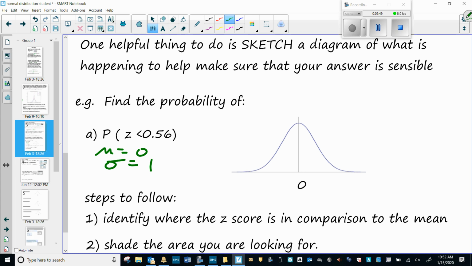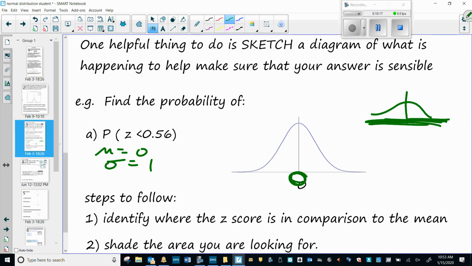What I would like you to get into the habit of doing is sketching, and I mean sketch. I do not mean take 25 minutes drawing a normal distribution. You sketch a curve, okay? If you want practice, draw it next to it. Because it's a Z, you're going to write 0 in the middle, because that's where your mean is.